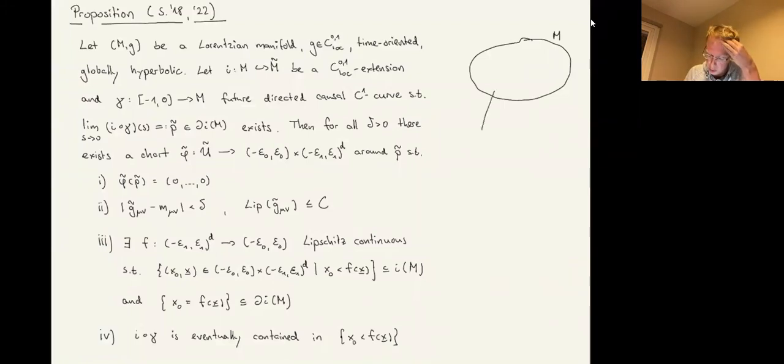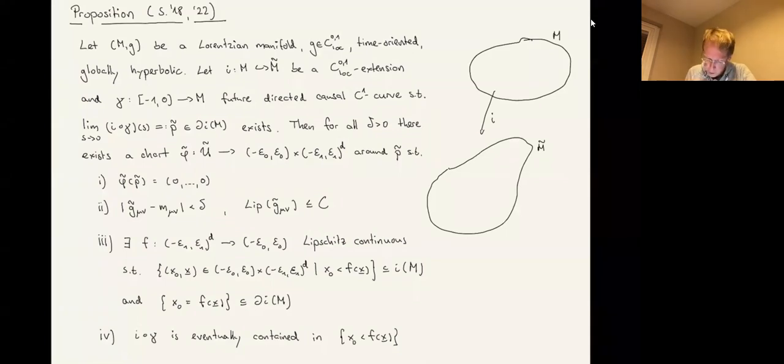And I assume that I have a C^0 local Lipschitz extension M tilde. And as I told you, local Lipschitz extensions will be the roughest ones we consider. Beneath that, the results will be wrong.